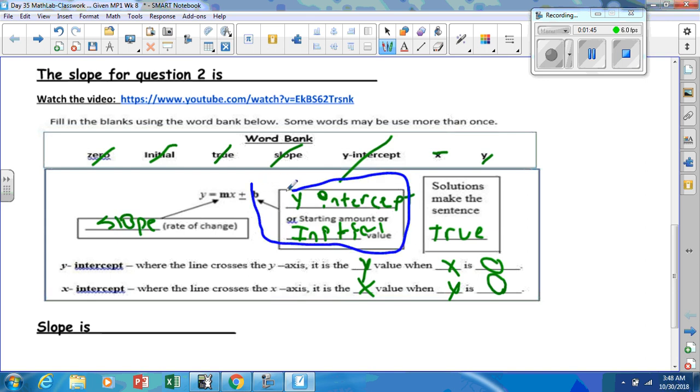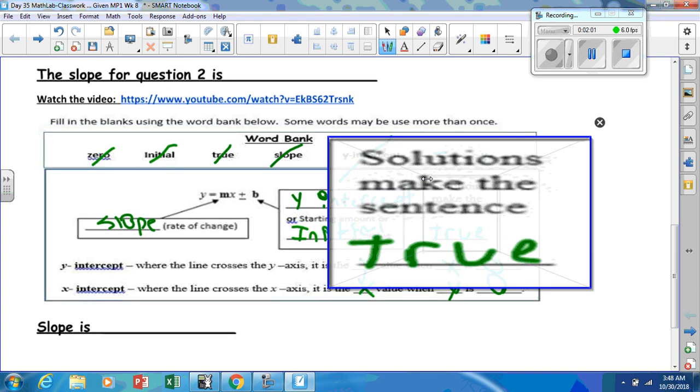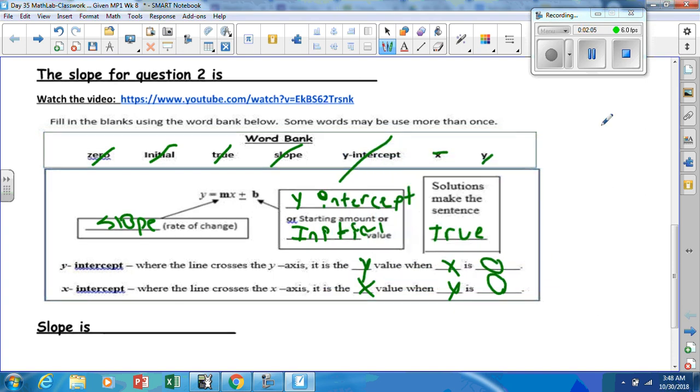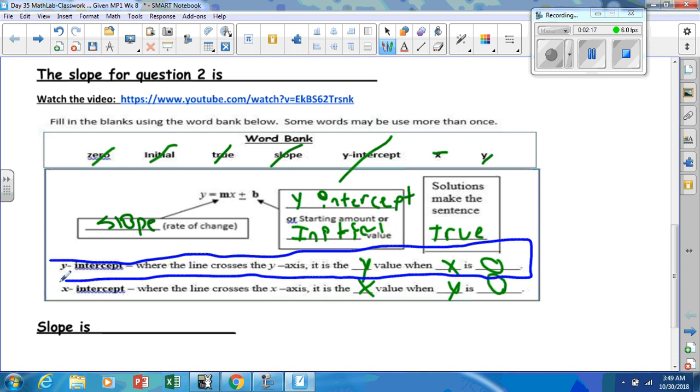And what is the x-intercept? The x and y intercepts are very important. We'll talk about them often. For the y-intercept, x has to be 0. So when x is 0, what is the value of y? Sometimes I will ask, okay, so when x is 0, what's y?